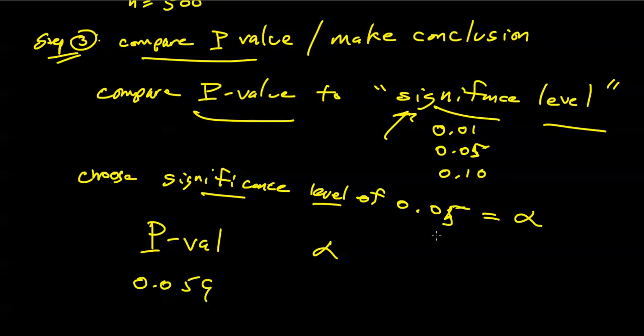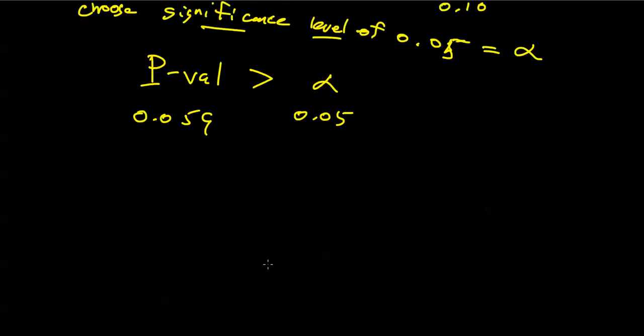If we have a significance level of 0.05, we can clearly see that the p-value is bigger than alpha. Now remember, small p-values suggest H0 is false. Large p-values suggest H0 is true. And of course you're going to ask how large, and the idea is larger than alpha. If your p-value is larger than your alpha level, you will fail to reject H0.